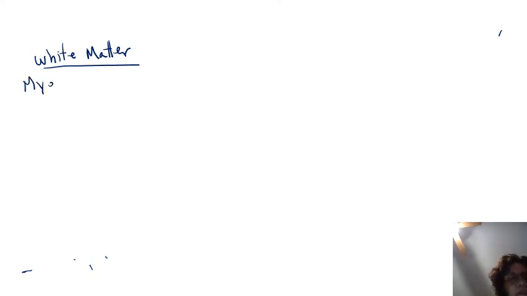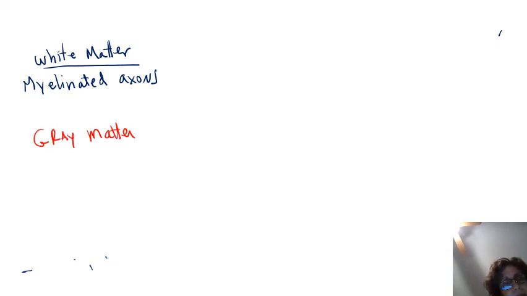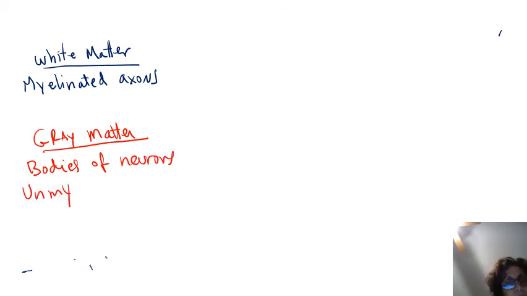So to summarize, white matter consists of myelinated axons, while gray matter consists of bodies of neurons and unmyelinated axons.